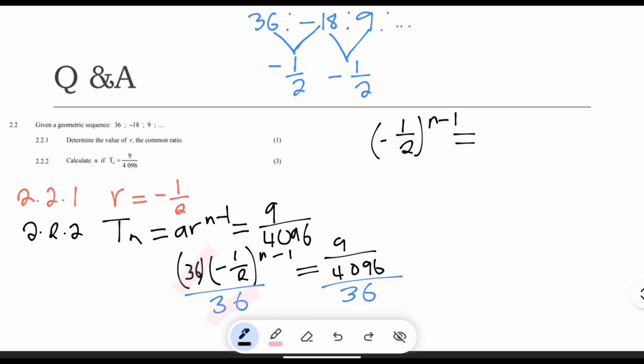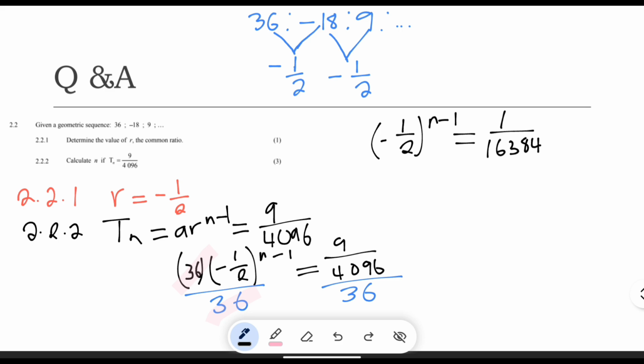That will be 1 over 163.84. Am I right? Yes.